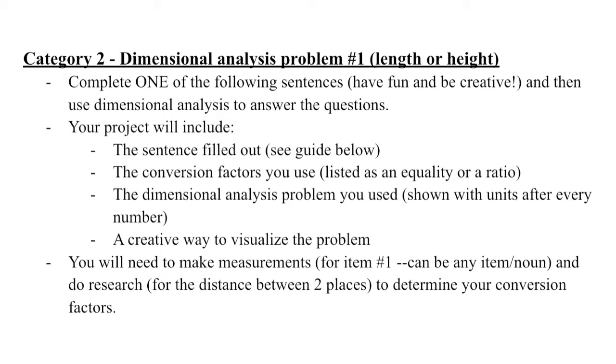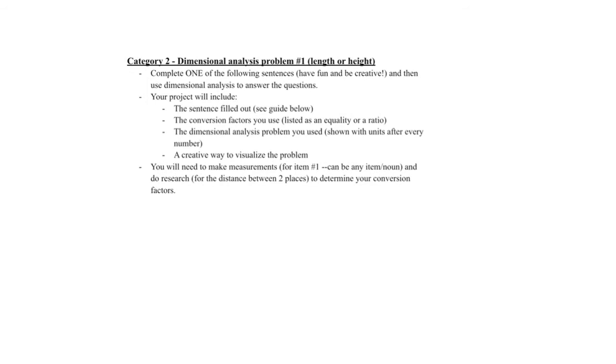Part 2, dimensional analysis. This is where most people are getting stumped. It says complete one of the following sentences and then use dimensional analysis to answer the question. So we use the example of an elephant in the problem. And so the first thing you had to do was to figure out the height of your item. So we said that 1 elephant equals, I think it was like 3 meters.